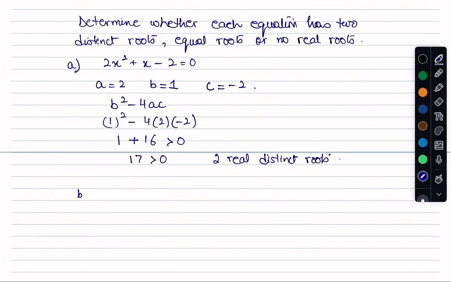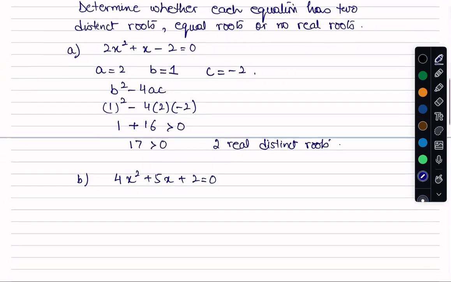In the same way, let's say another equation is 4x squared plus 5x plus 2 equals 0. Again, I need to determine whether there are two distinct roots, equal roots, or no real roots.